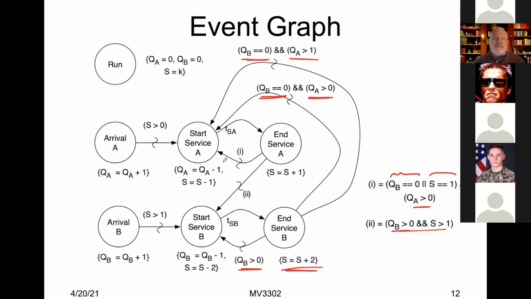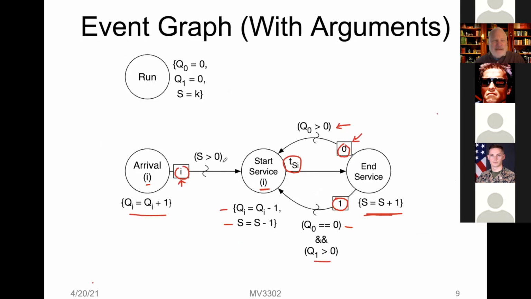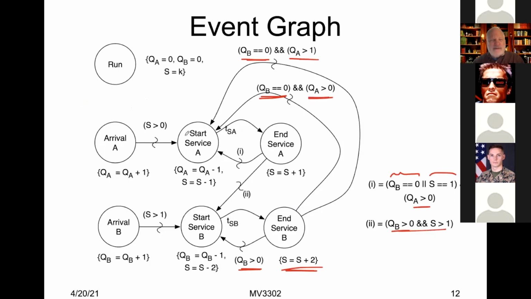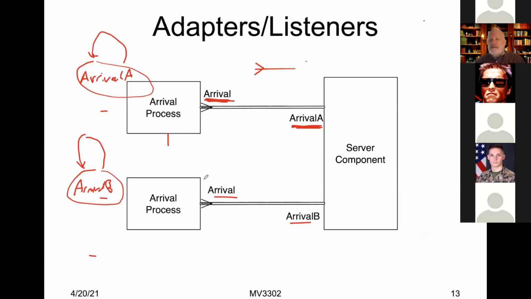The only time something goes into an event is when you pass it as an argument. Similar to this one, the only thing that goes, quote, into the event is the argument that says which type of customer is being served. But here, there's nothing that goes into the events.